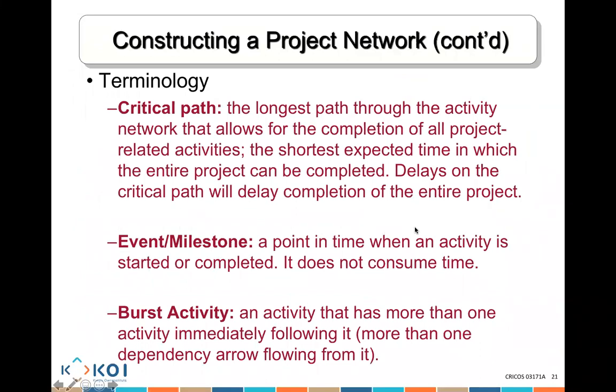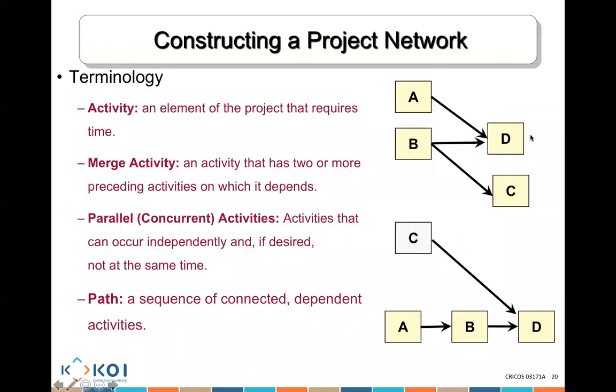What is a critical path? If there's one path, two paths, three paths, every activity on that path will take time. When I count the activities on each path, you will find out which one is the longest, and that becomes your critical path, the path that will take the longest period of time to complete.